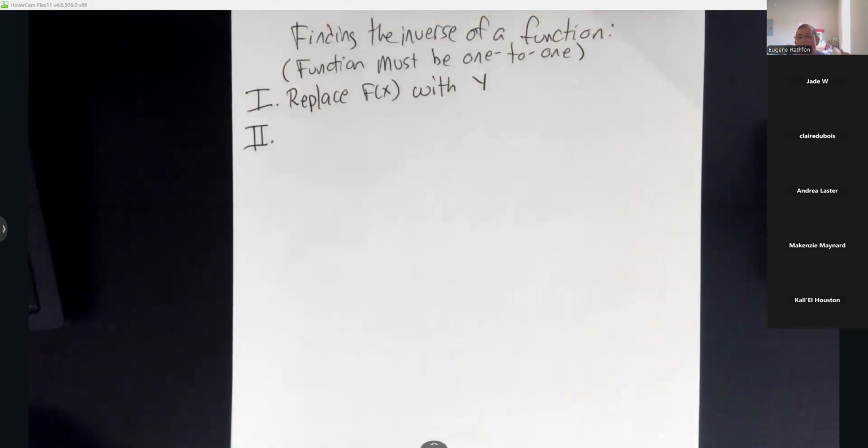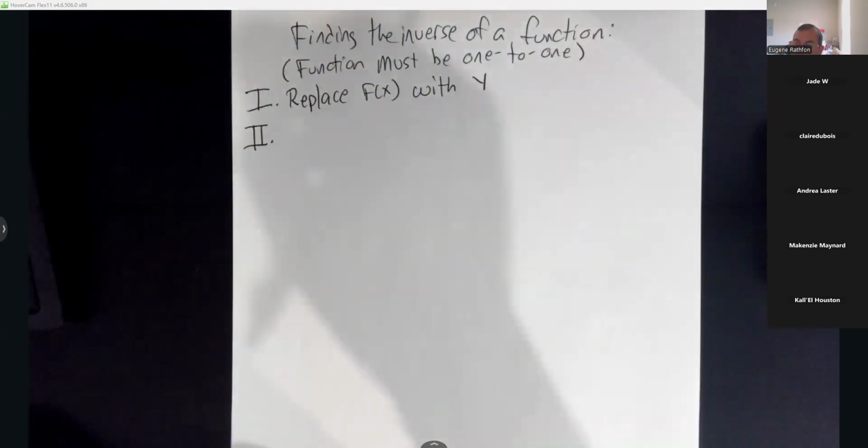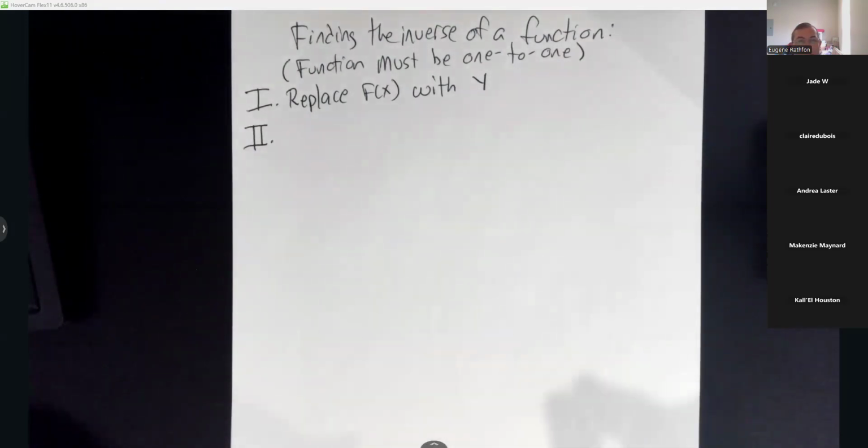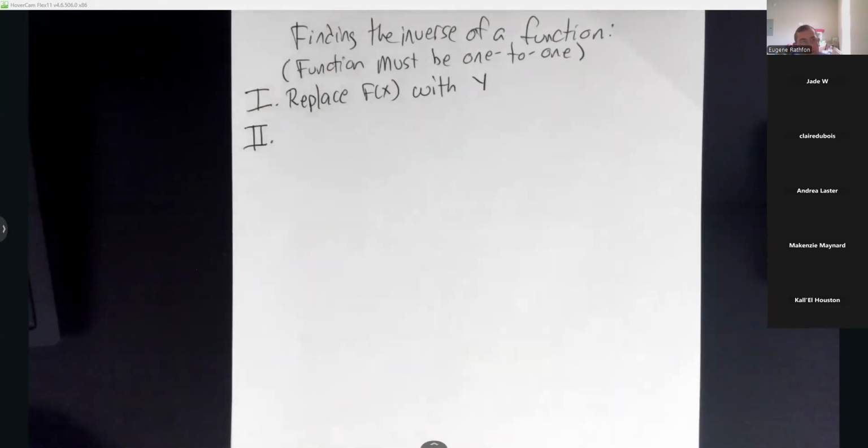Now I'm going to have y equals whatever. So remember, what's the main thing I got to do to find an inverse? What do y'all think is the main thing I'm going to have to do to find the inverse that goes along with what I was doing earlier? See what y'all think.